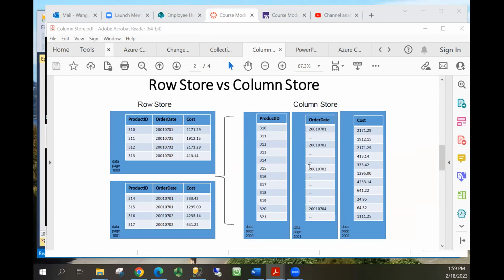And keep in mind, with the column store, if we use SQL Server, if we use column store for reporting instead of the traditional row store, the query performance may be improved by 10, 20 times. Okay, there are enough statistics, there's enough data to prove that.